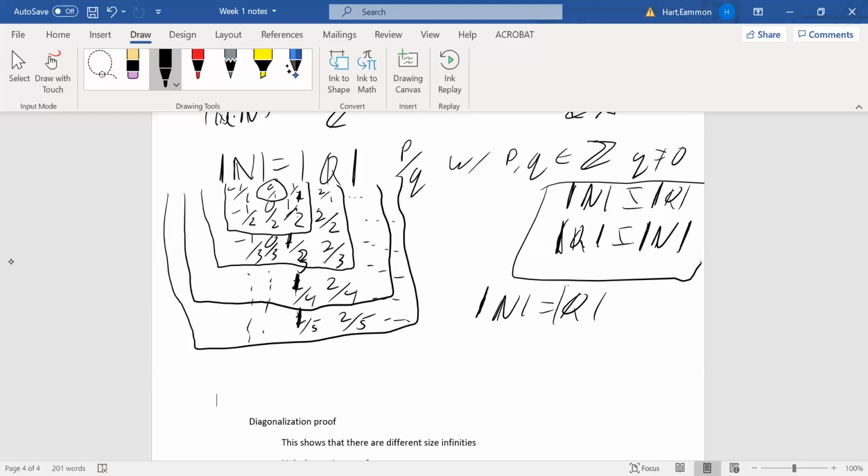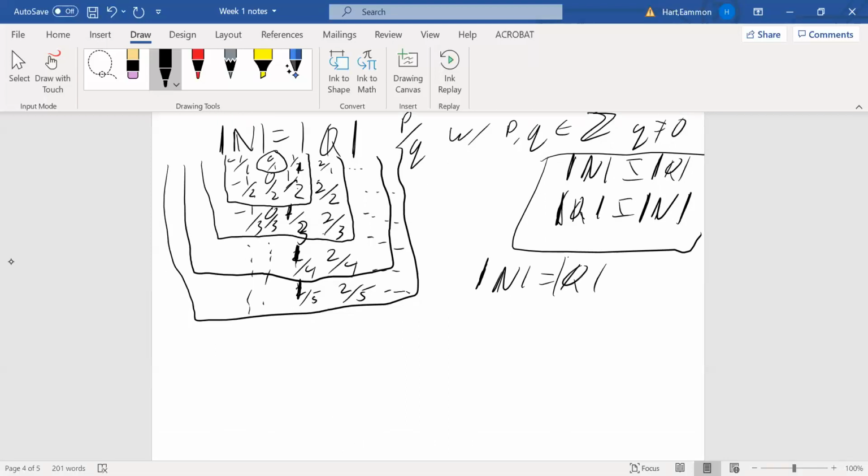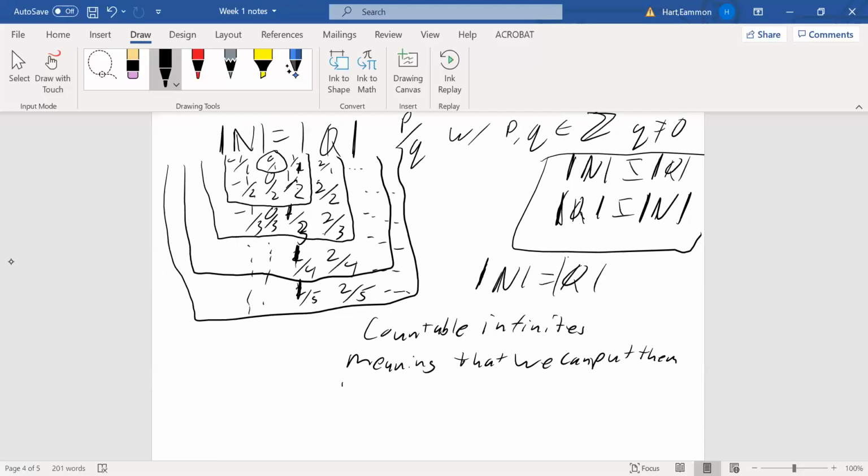And all of these guys that we've done so far have been what are called countable infinities. Meaning that we can find a bijective function mapping them to the naturals.